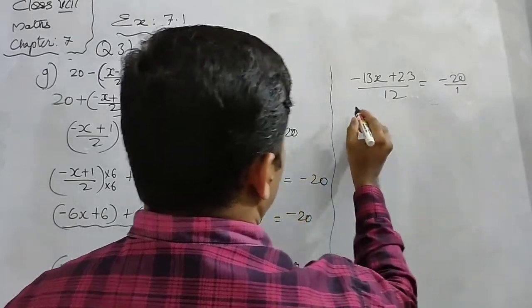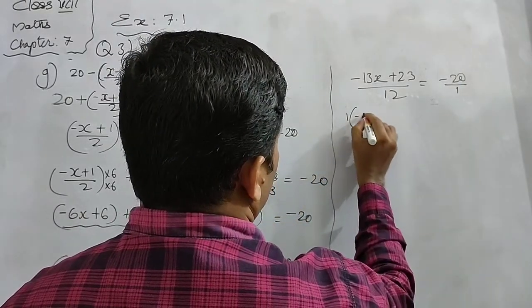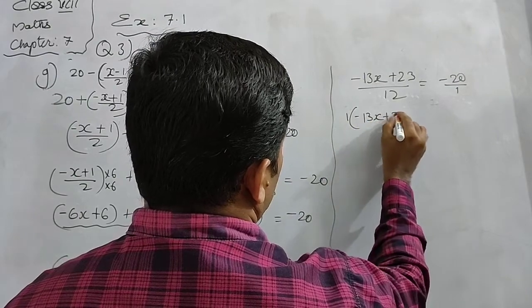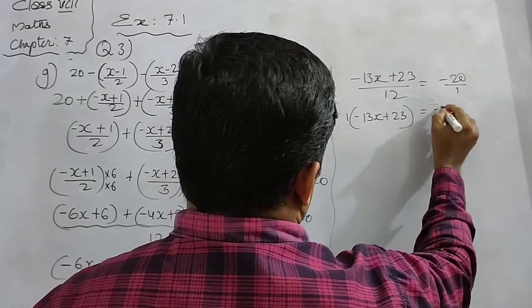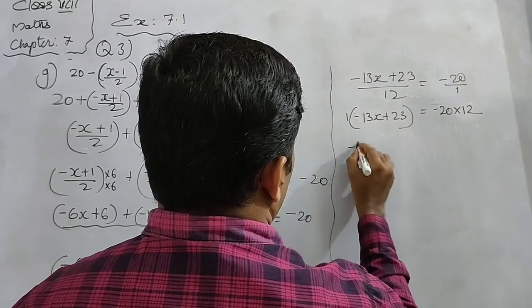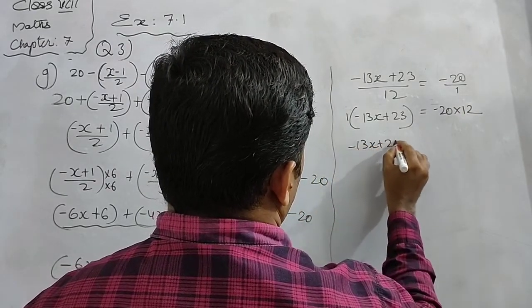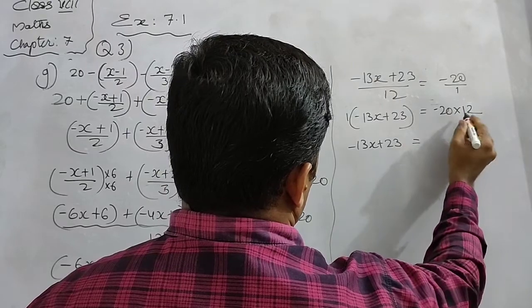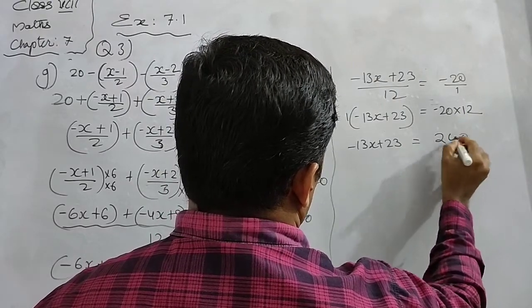Now we cross multiply here. So 1 into negative 13x plus 23 is equal to negative 20 into 12. So we get negative 13x plus 23 is equal to negative 240.